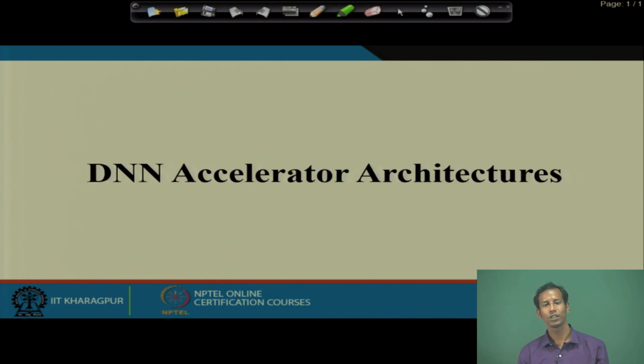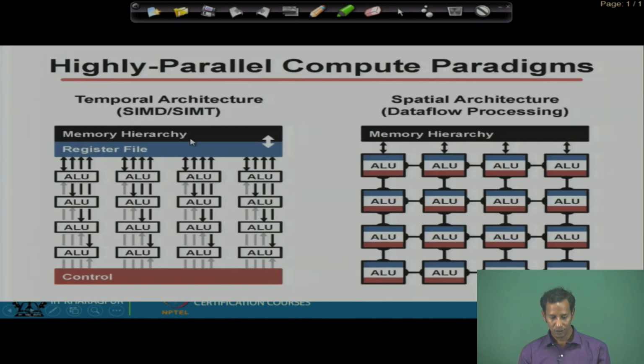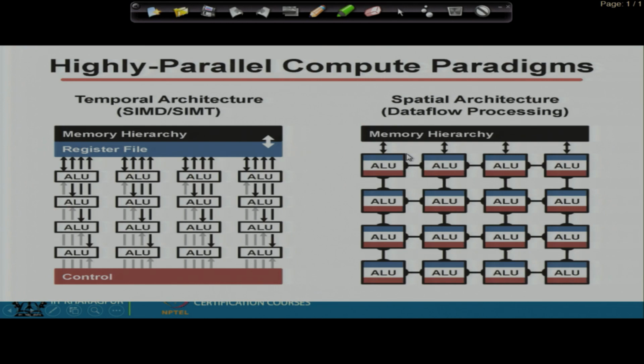So what do DNN accelerator architectures look like? This is the generic processor architecture, where you have a memory hierarchy and a register file, and each of the arithmetic logic units is connected like this. But in machine learning processors, the ALU has to be directly connected with memory access.